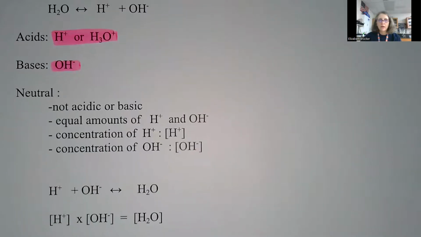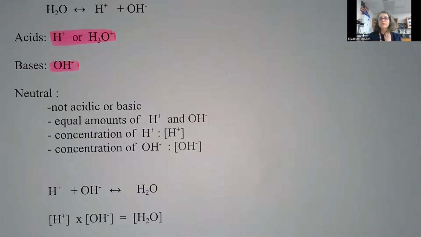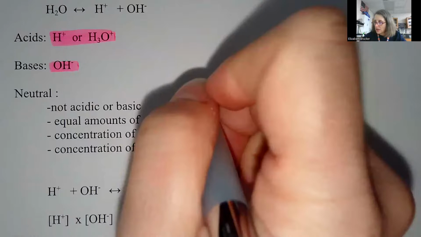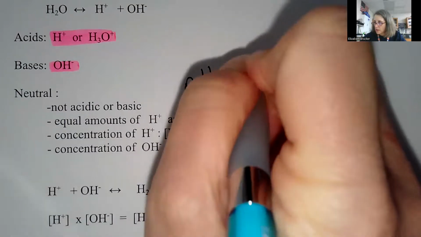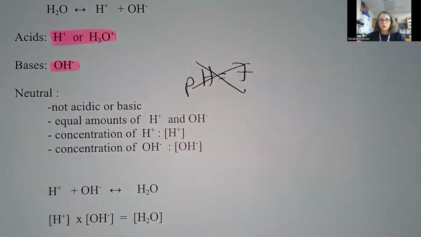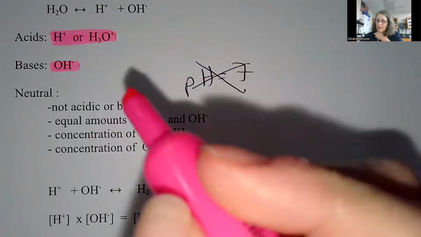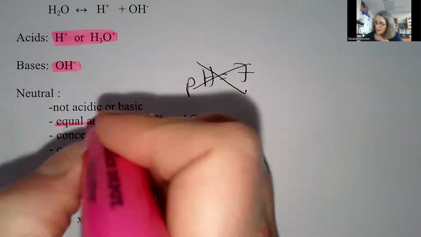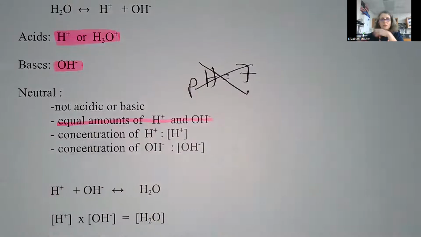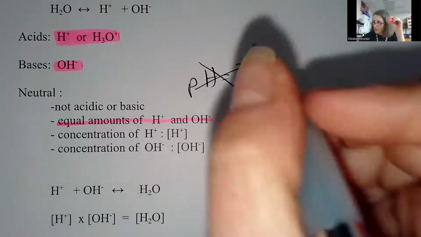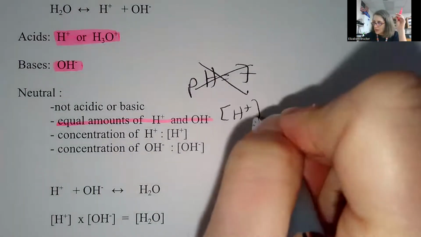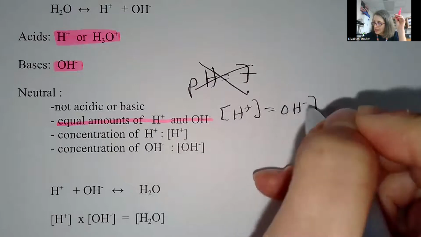So if we are neutral, what that means is you are not acidic and you're not basic. It has nothing to do with a pH of 7, okay? So please cross that out in your notes. It has to do with equal amounts of H plus and OH minus. You can write neutral as [H+] equals [OH-], with brackets.